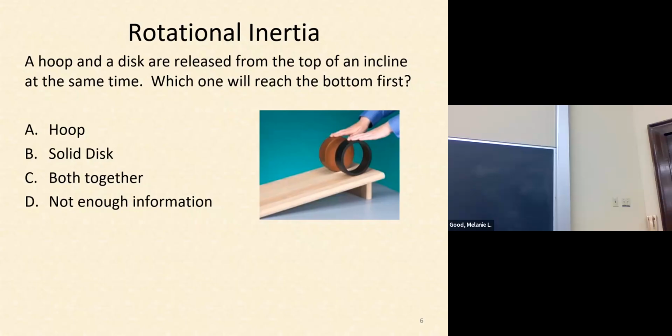Now, according to what we already know, things should fall at the same rate near the surface of the Earth, regardless of their mass. So let's not focus too much on the mass per se, but on the fact that they are the same radius, but the mass is distributed differently. Right here, it's concentrated in the exterior. Here, it's spread all about.